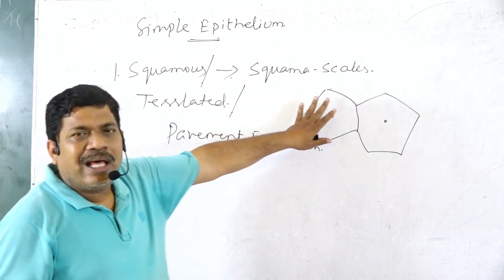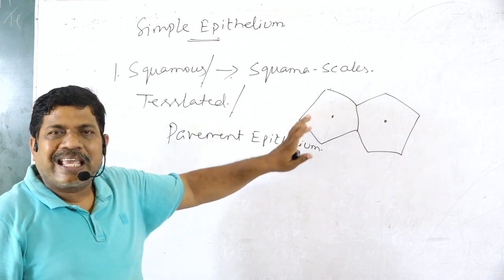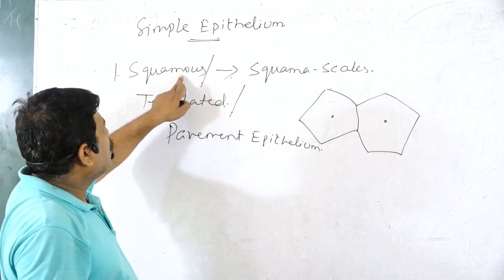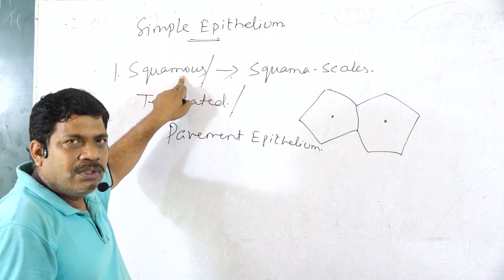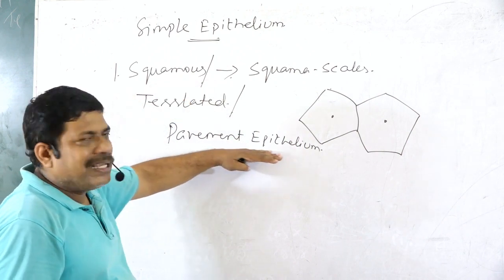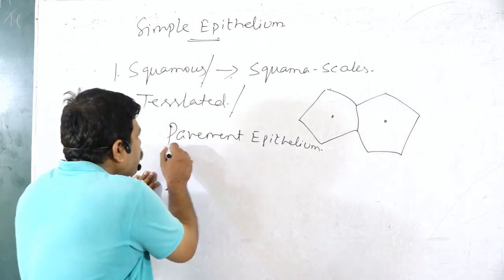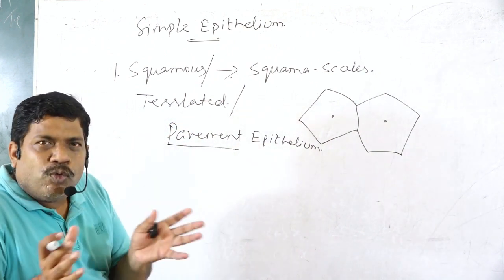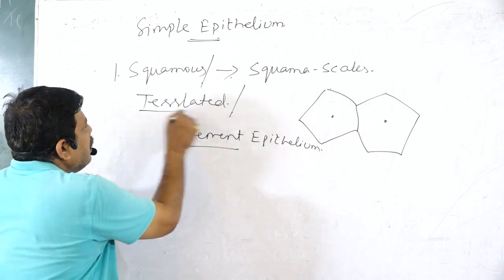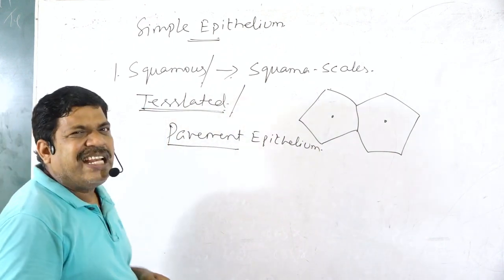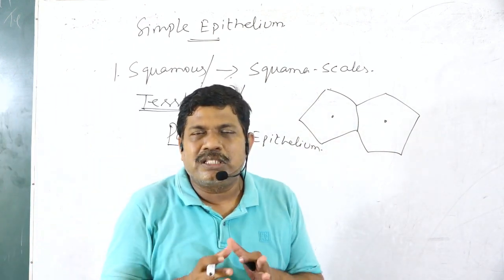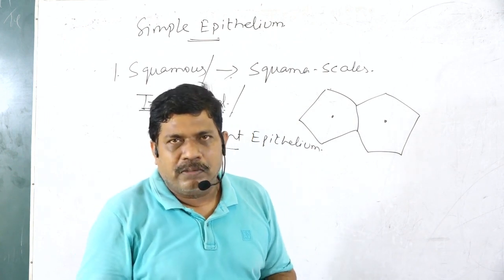Because of polygonal shape and scale-like appearance, it is called squamous epithelium. Because the cells are arranged like the tiles in a floor, it is called pavement epithelium. And due to their wavy-like appearance, it is also called tessellated epithelium. So this is squamous epithelium.